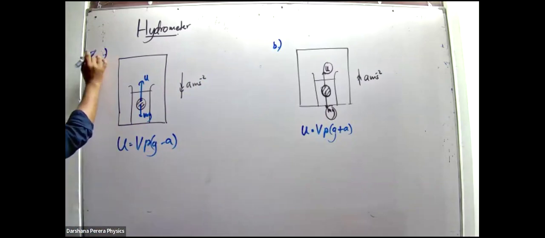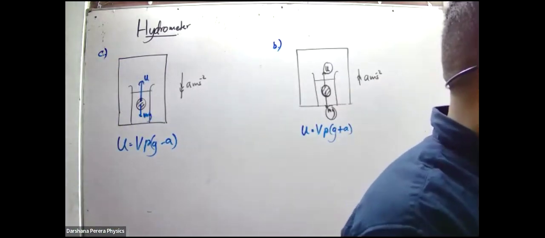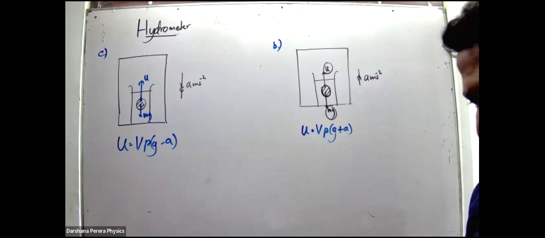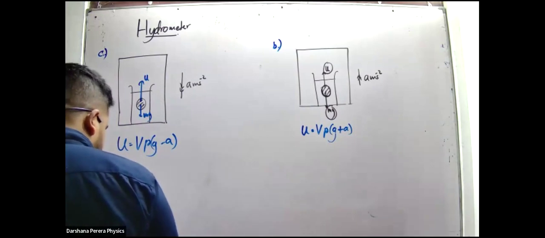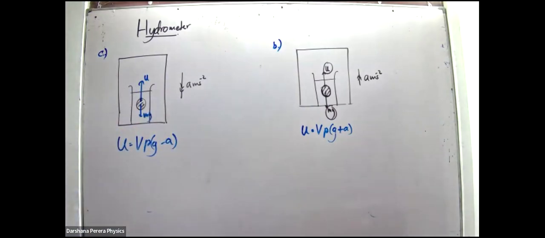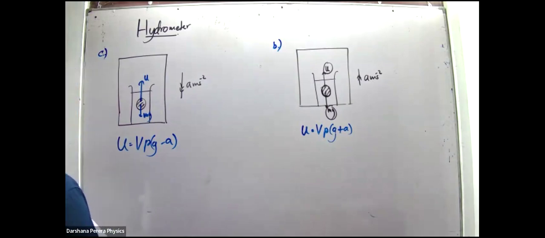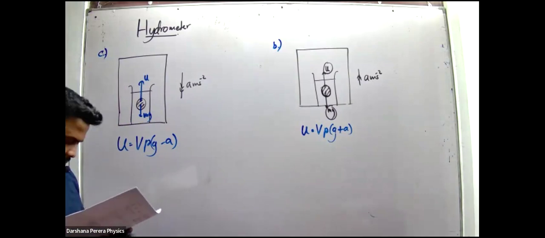Write down the part C. When a fluid body is going downward with uniform acceleration. Right. Okay. Draw this one and write this one. Part C.